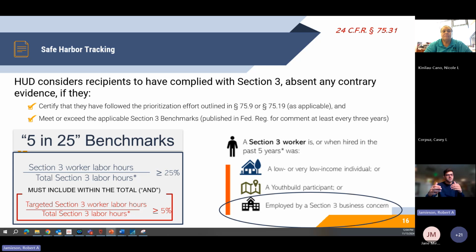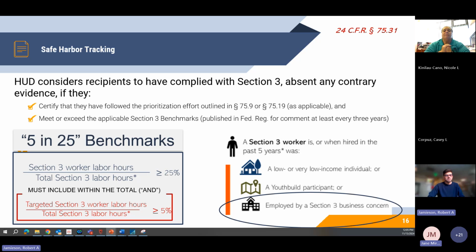You would then likely not meet the benchmarks of 25% and 5%, but you could talk about how that's only one portion of the total labor hours on the project. The plumbing portion is just X percentage of total labor hours.